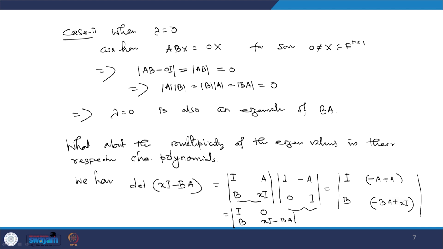So I am getting the same thing, but again the same determinant of xI minus BA can be rewritten as the determinant of [I, A; B, xI], but the second matrix I can write down as [I, 0; minus x inverse B, I].